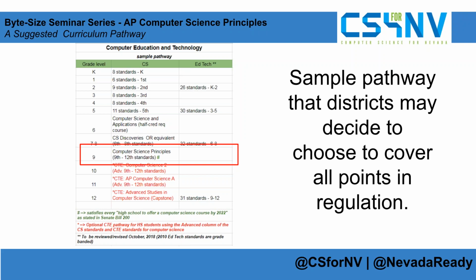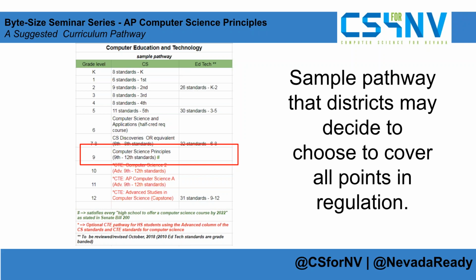Some have chosen to offer it to all of their freshman class to give them that foundation before we send them off out into the world with the knowledge that we give them. But you can see how the standards build upon each other, starting in kindergarten all the way through.